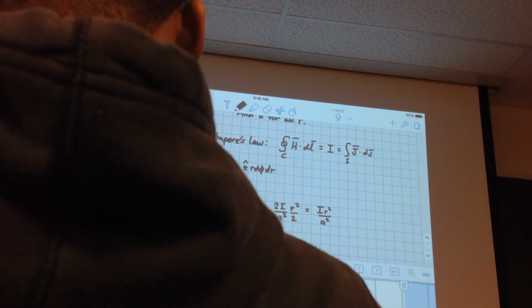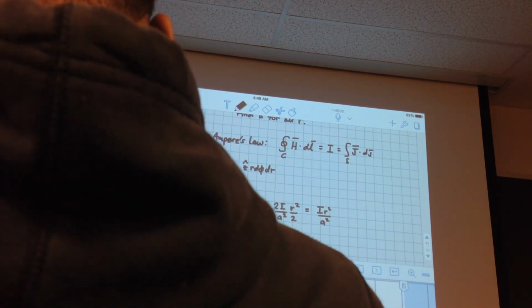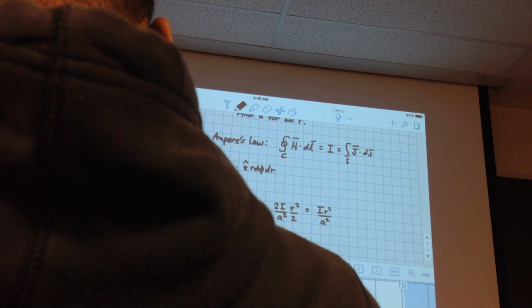So the magnetic field then, H phi, is I times r divided by 2 pi a squared.